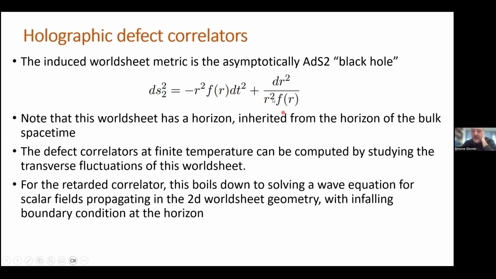And the defect correlation functions can be computed by studying the dynamics of this space. By that I mean, this is actually a worldsheet embedded in the higher dimensional space, so you can study how it fluctuates within the higher dimensional space. But effectively, the dynamics of those transverse coordinates boil down to some two-dimensional field theory on this space.